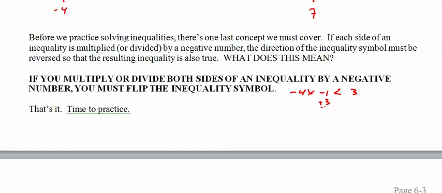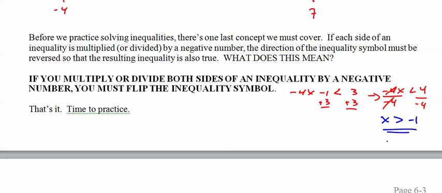Plus 1, plus 1. Negative 4x is less than 4. Divide by negative 4. Flip the sign. X is greater than negative 1.